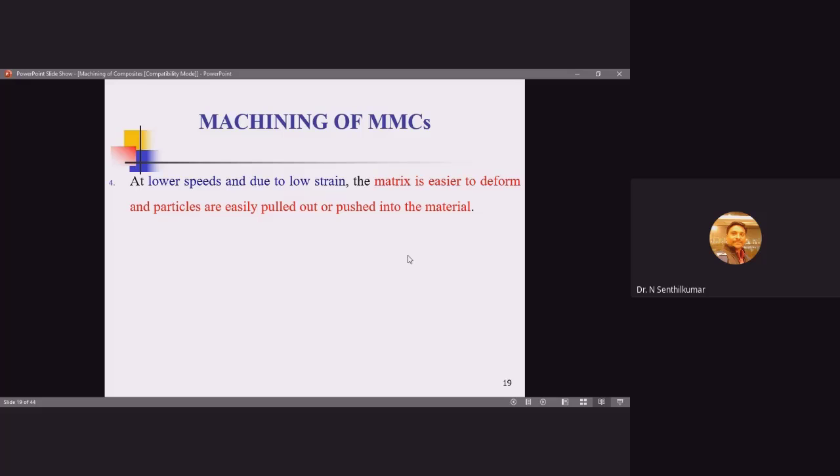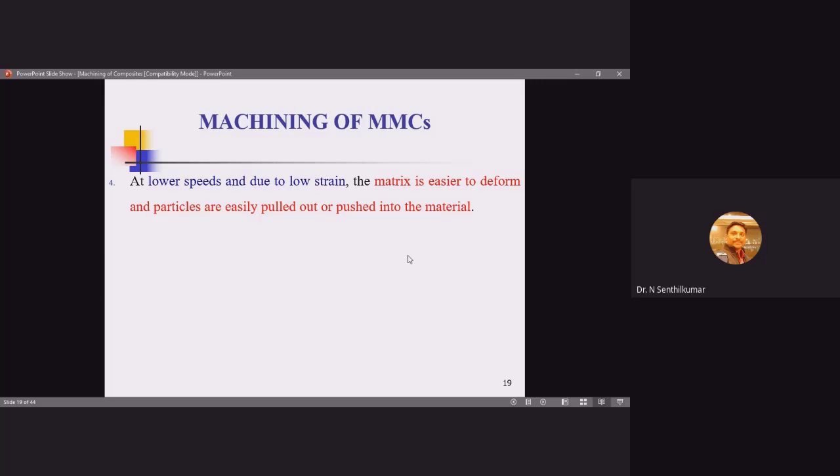Okay. So at lower speeds and due to lower strains, the matrix is easier to deform. At a higher strain means higher cutting speeds and feed rates. At a lower strain means lower speeds, the matrix is easier to deform, so the particles are easily pulled out or pushed into the material.